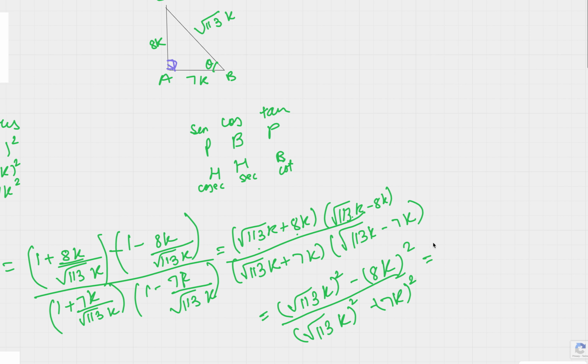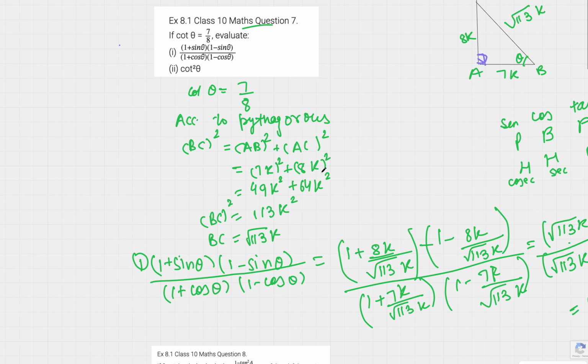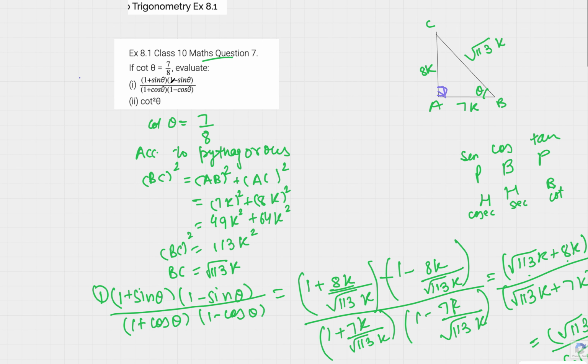Then the square roots cancel, it will become 113K square minus 64K square, divided by 113K square minus 49K square. If we solve this, it will become 49, and here it will become 64, I guess. Then this and this cancel, it is 49 by 64. That's the solution of the first part.